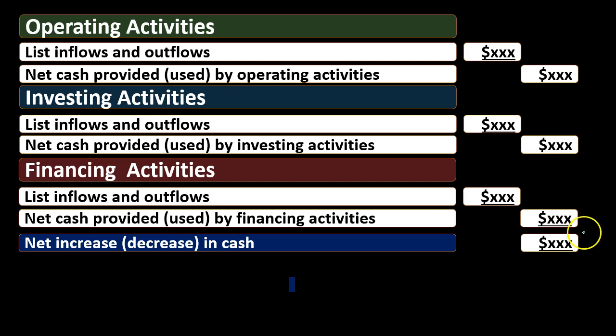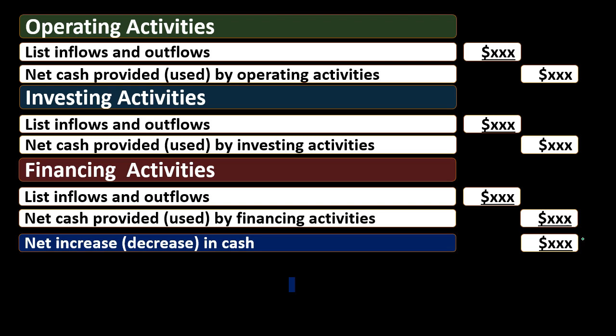But we don't want to just report this cash change, because if we did so, then readers of the financial statement would have to do some math in order to tie everything out. They'd have to subtract the comparative balance sheet cash in the first period from the next period to see what the change is, to make sure that this number ties out to it. We would like to have something at the bottom of the cash flow statement that readers can tie out easily and say, okay, I see how these two statements are related.